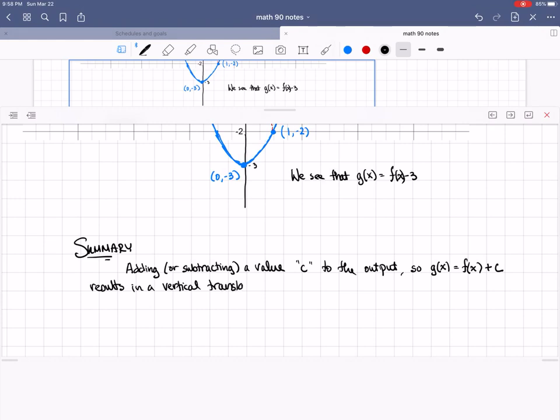And the word translation means the same thing as shift.